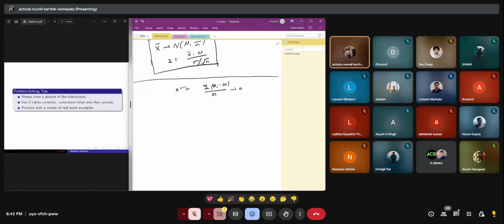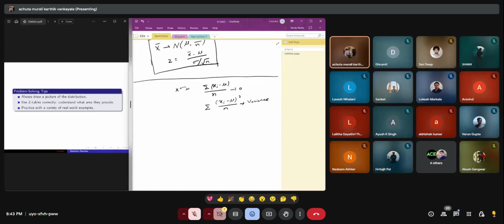This is always zero. We don't want this to be zero, so we square instead. This gives us variance.